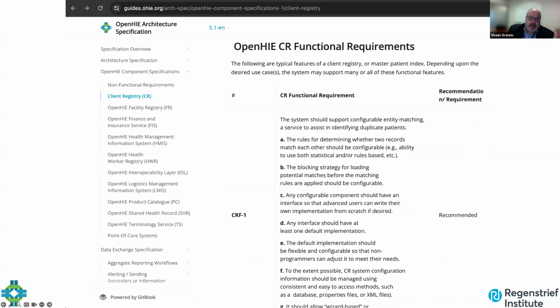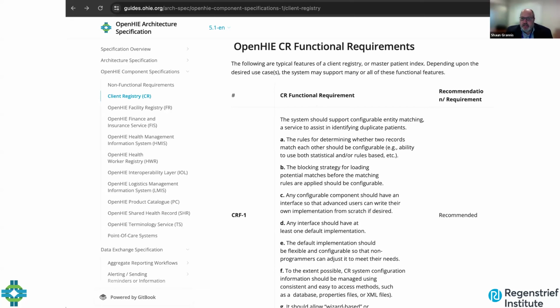Going back to the client registry, so we've seen the workflow requirements. Now we're talking about the functional requirements. The system needs to support a variety. So we have multiple client registry functional requirements.